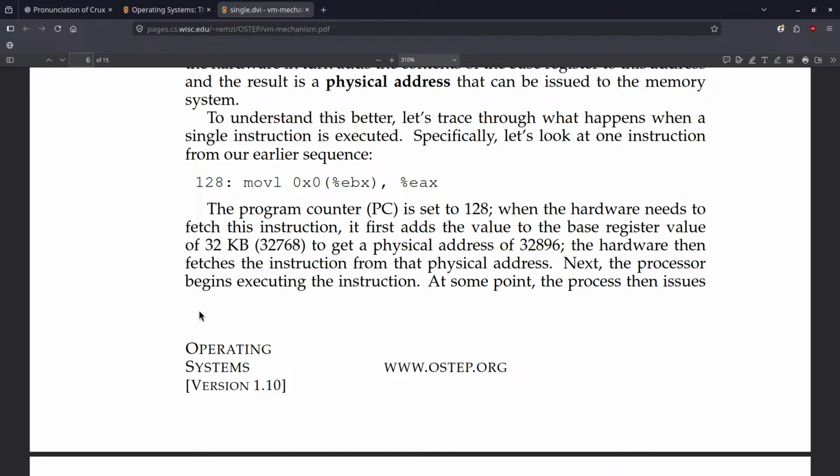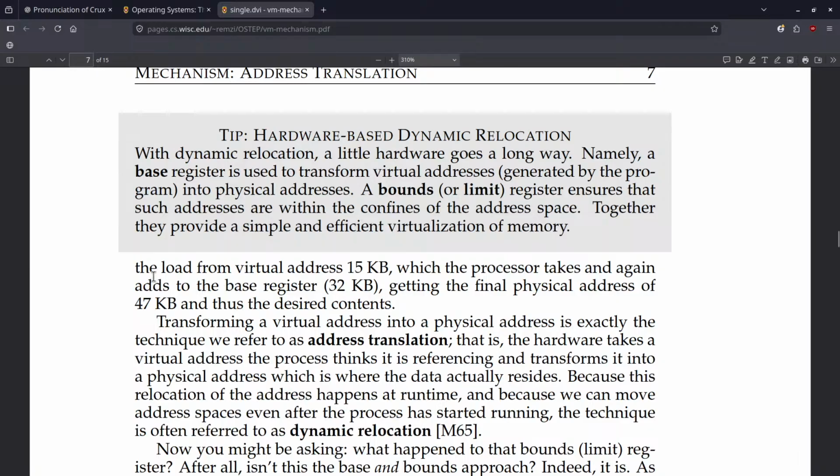The hardware then fetches the instruction from the physical address. Next, the processor begins executing the instruction. At some point, the process then issues the load from virtual address 15 kilobytes, which the processor takes and again adds to the base to get the desired content.